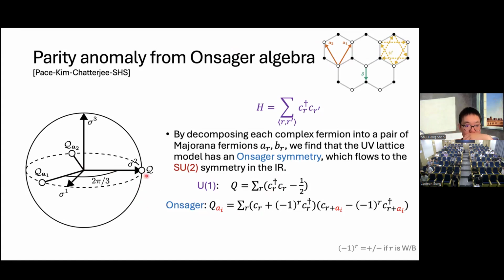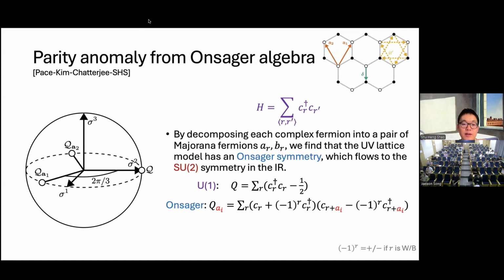You can take Q, the original manifest U1, to be along this sigma 2 direction, the y axis. This is a rotation here. Then QA1 and QA2 will be these two axes. These three arrows are coplanar, and the angle between them is 2 pi over 3. So if you take any pair of them, you will be doing a rotation here or doing a rotation here. And by composing them, you generate the entire SU2.